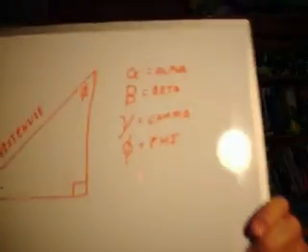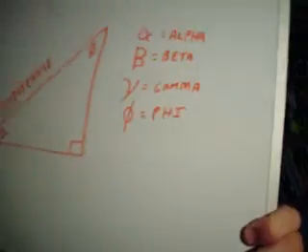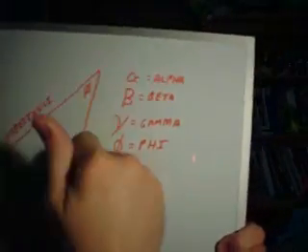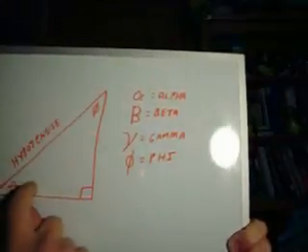So, I'm going to show you this one more time. You can label angles in this kind of a triangle alpha, beta, gamma, phi, or even theta. Okay? And based on what angle you're referring to, you could get sine, cosine, tangent, secant, cosecant, and cotangent. And I will go into further discussions of this in a future video.